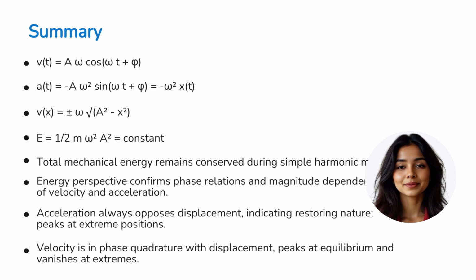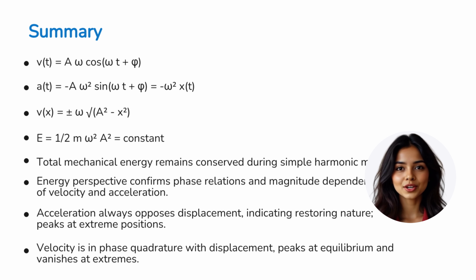Let's wrap it up. Velocity in simple harmonic motion is given by displacement amplitude multiplied by angular frequency times cosine of omega t plus phi, while acceleration equals negative displacement amplitude times omega squared times sine of omega t plus phi. And we can also write acceleration as negative omega squared times displacement.